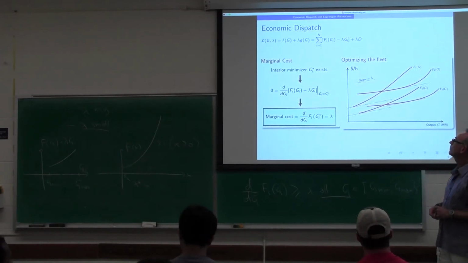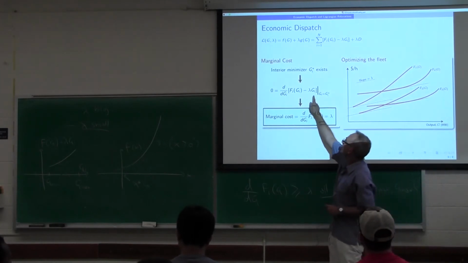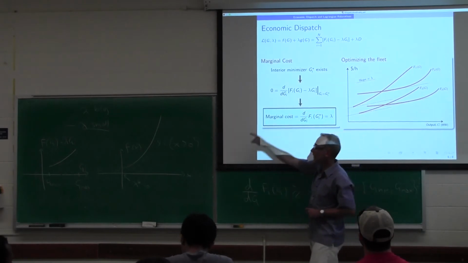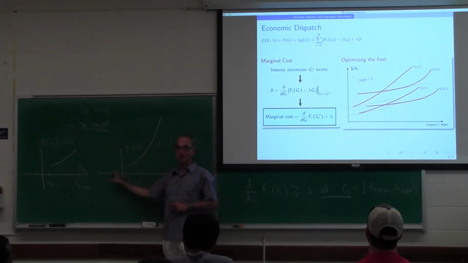That's why we know that this function is increasing. And if you have an increasing function and you want to minimize it, you take the smallest possible value. That's all I'm saying.